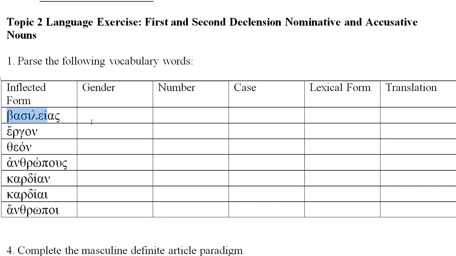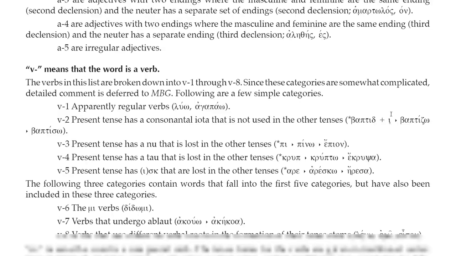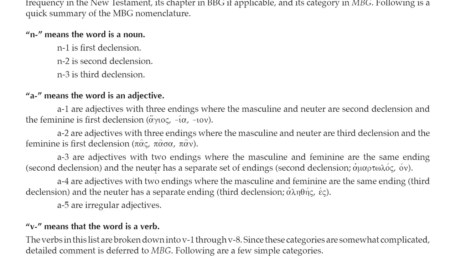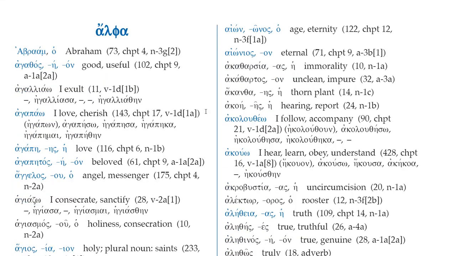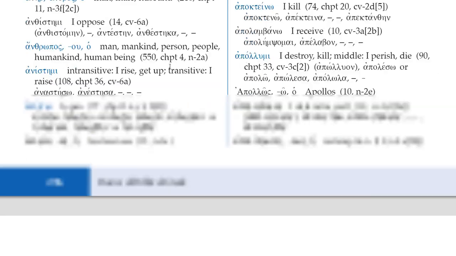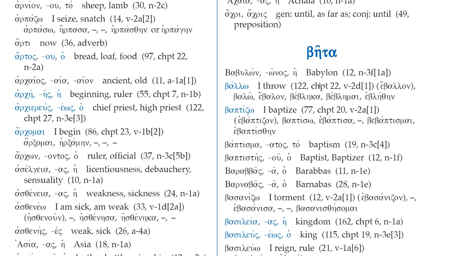Now we want to go to our lexicon. Our lexicon is found on page 394. Page 394 gives you the various abbreviations and conventions of this lexicon. The actual entries start on page 395. And we're looking for basileia. So here we have alpha. We're looking for beta, that's the second letter in the alphabet. Alpha, beta. And so we're looking down here for beta, alpha, sigma, BAS.